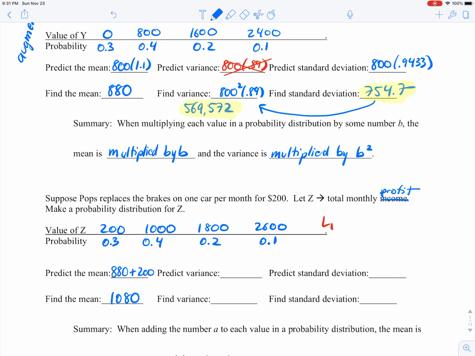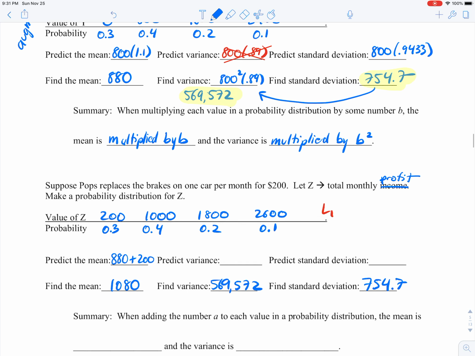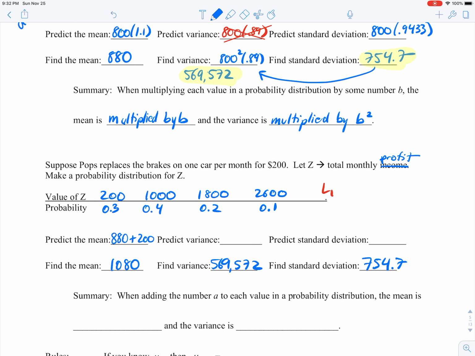Well, what pops out is the same standard deviation, which means the same variance. Why on earth is it staying the same? Well, think back to when you first learned about variance and standard deviation. They are both measures of spread.